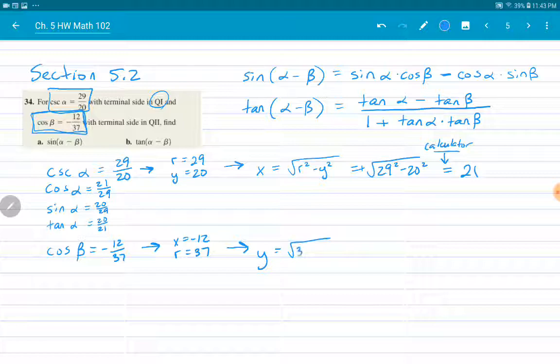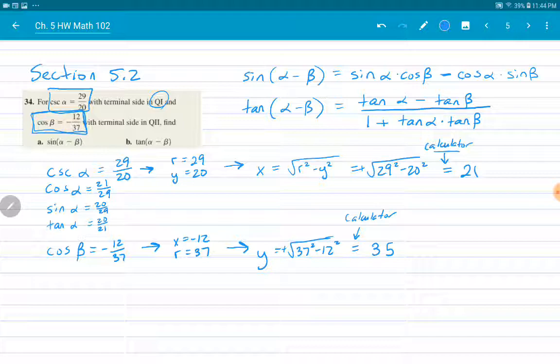So that's 37 squared minus 12 squared, and after I put it on my calculator, I get 35. It's in quadrant 2, and it's a y, so that is positive also.